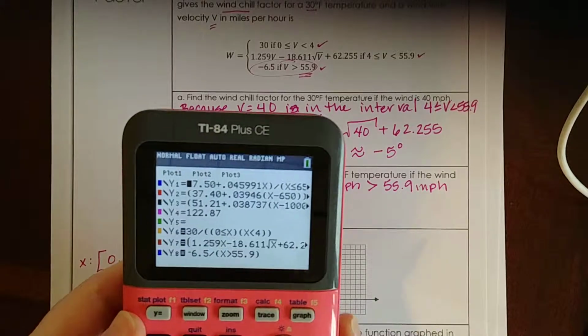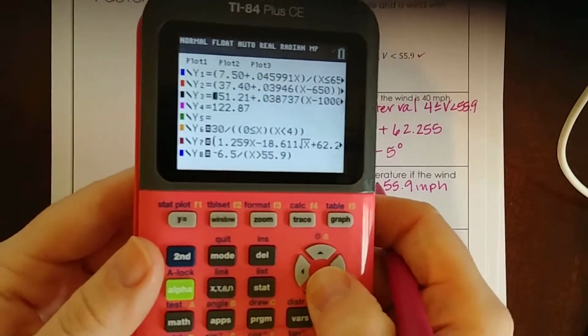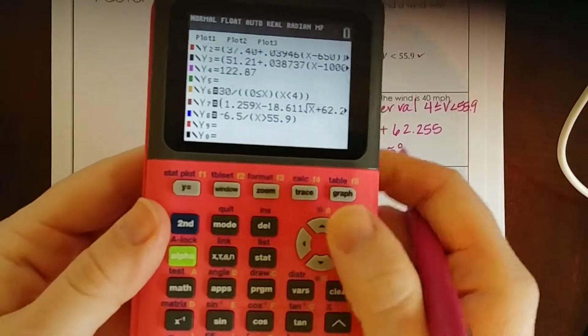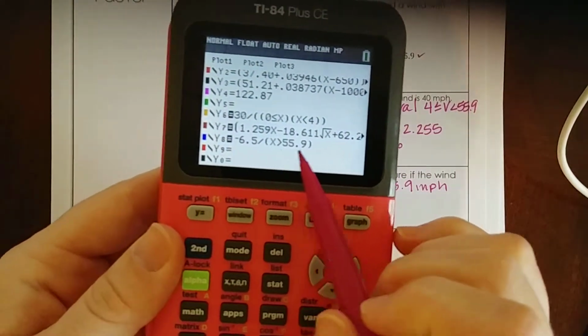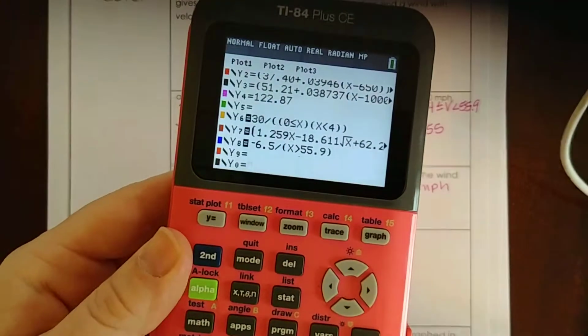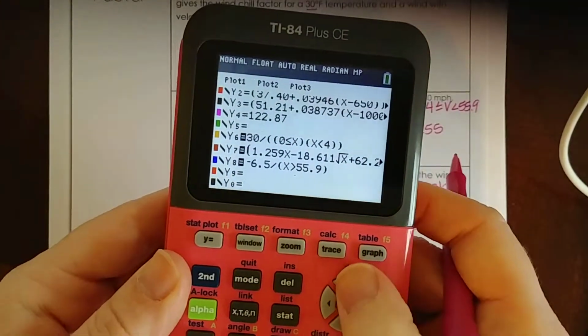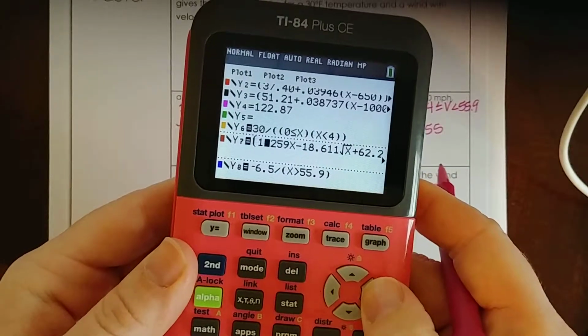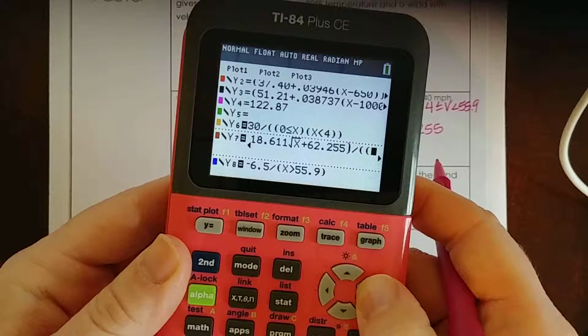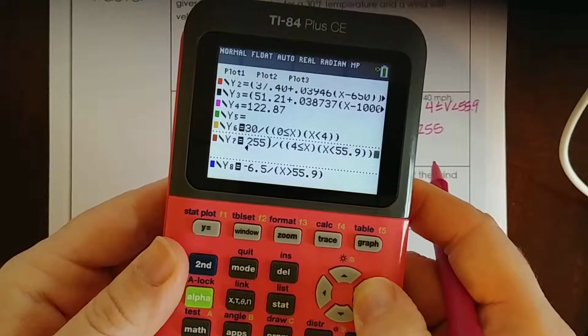All right. So the last piece asks us to graph this function. So we're going to enter this into our calculator, which I have already done. All right. So your function should look like this on your calculator. Okay, and probably the trickiest piece is that middle domain restriction.